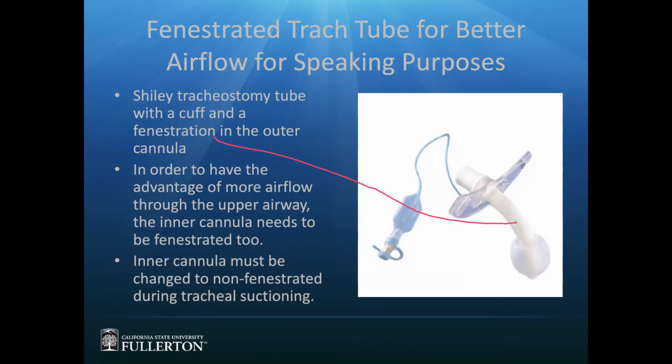So I want you to understand how, when you're going to speak and breathe around the tube, the air goes around the tube, between the tube and the tracheal wall, and then where it goes with the fenestrations. And look at the videos that I provided, and you will clearly see this.